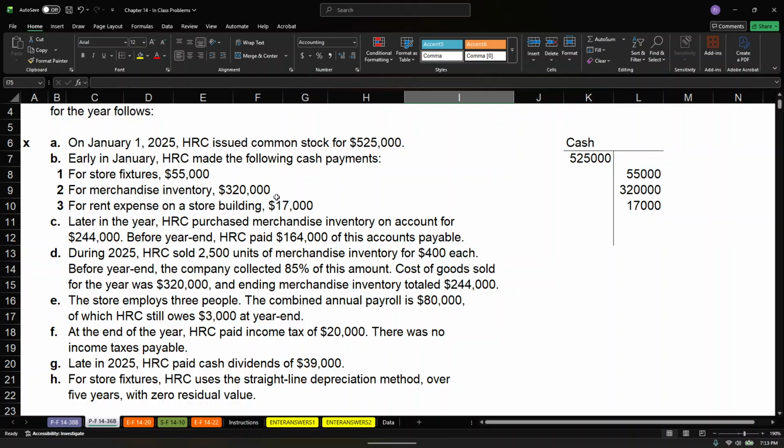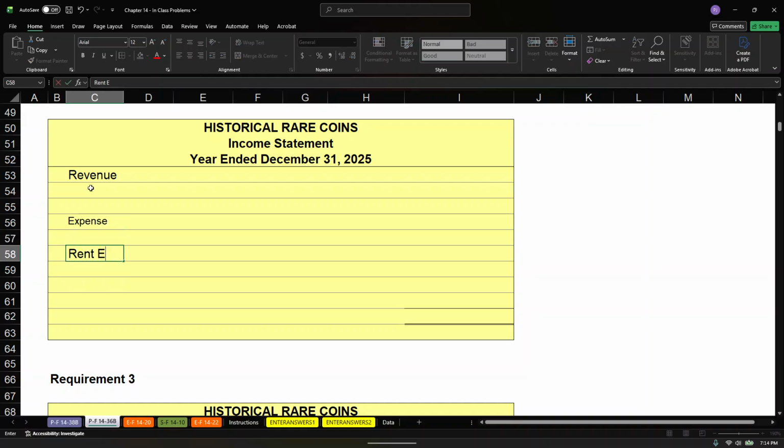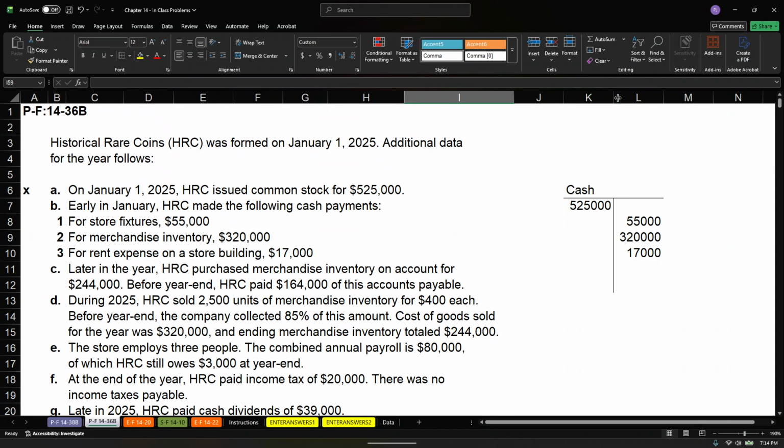So this is going to be on our income statement. So I'll have a place for revenue here, and then we'll have expenses, of which we'll put rent expense, 17,000. Okay, and then all of those three are accounted for as decreases in cash. So this is done.